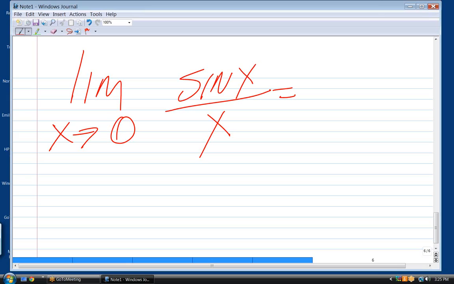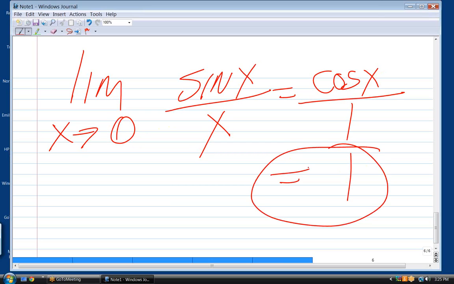But once you learn what derivatives mean, you can solve these very easily by taking the derivative of the top, which happens to be cosine x, the derivative of the bottom, which is 1, and now substitute 0 for x, and you get 1 over 1, and that is what we knew that limit to be. So if you know L'Hopital's rule and you know derivatives, then these limit problems become trivial.